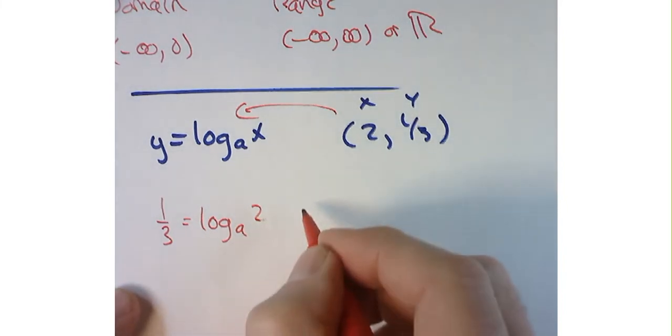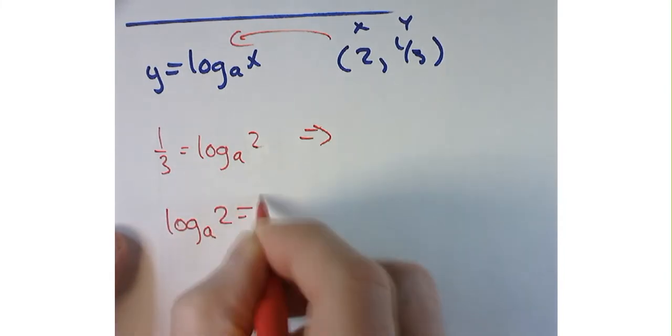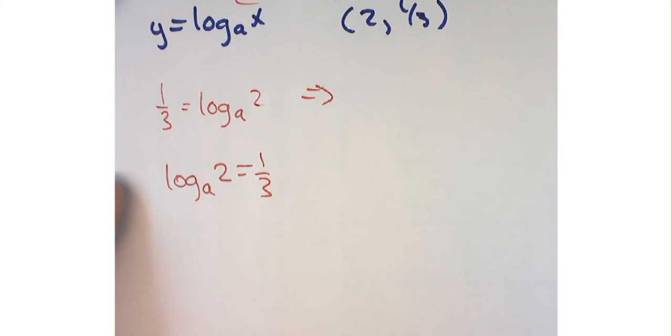Now, maybe you're more comfortable thinking of this as log base a of 2 equals 1/3. I mean, personally for me that helps out a little bit. I don't know if it makes a difference for you. But my suggestion would be to start by rewriting it using exponents. What would the equivalent expression be using exponents?